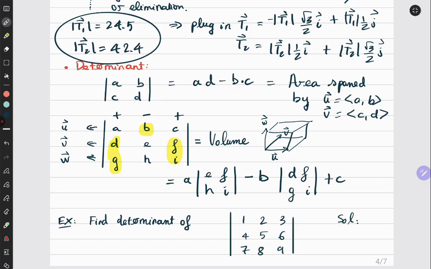Lastly, C. I hope you get the pattern now.